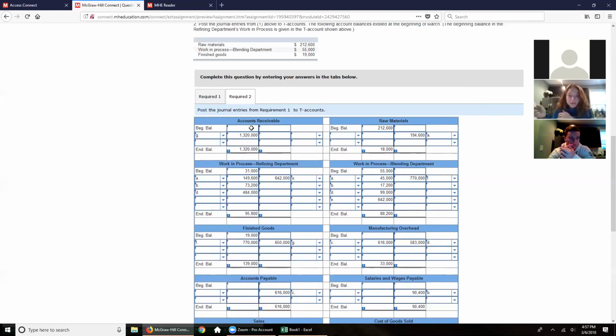Not at all. And in fact, I'm glad you mentioned that. I'm going to put a note to the Connect support about that. I know they won't change it immediately for us, but it doesn't make any sense. Right, it threw us off. There were some of them where we actually missed points, because like the raw materials, the work in progress, and the finished goods at the top, it gives you the beginning balance of those accounts.